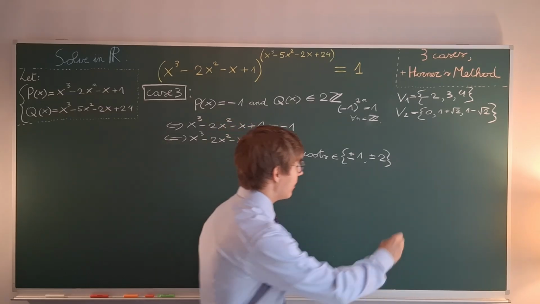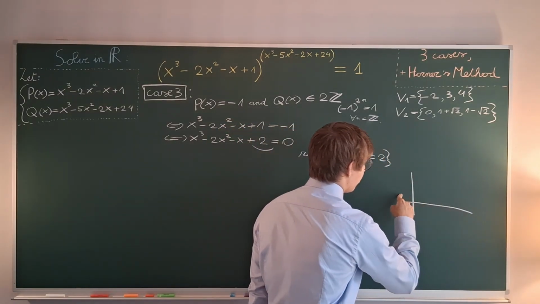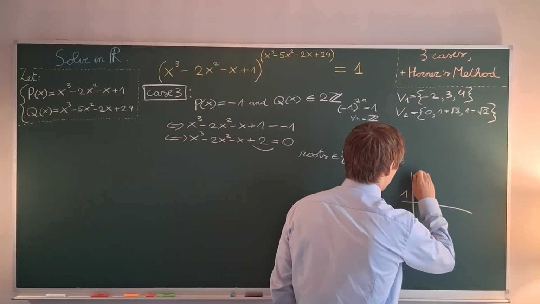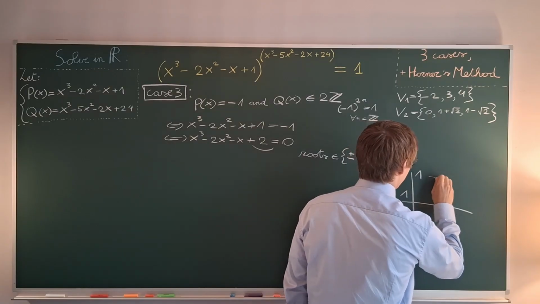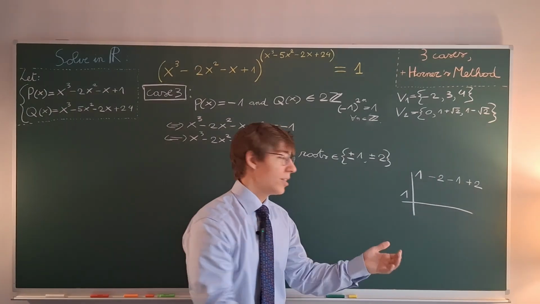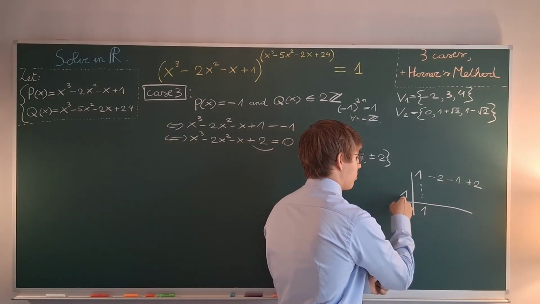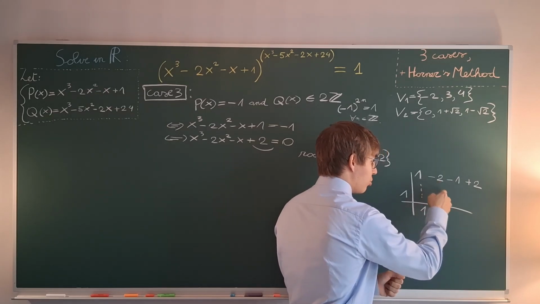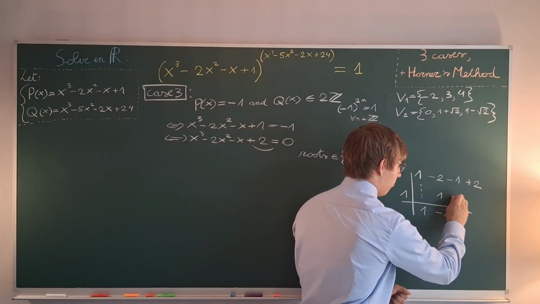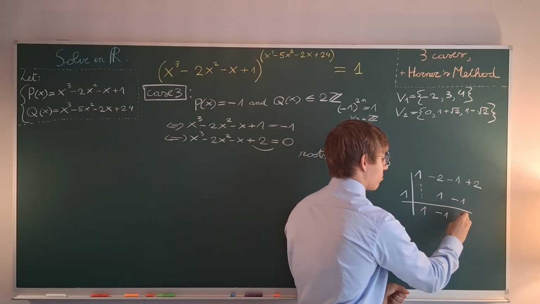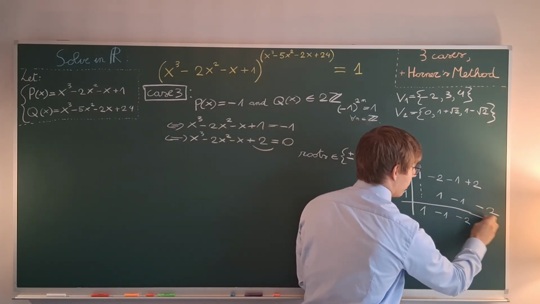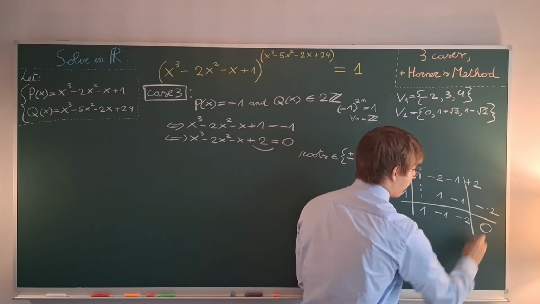So let's use Horner's method again. We write the root here, which is 1, and then we write all the coefficients above, which is 1x cubed, minus 2x squared, minus 1x, and plus 2. So we slide the 1 down, times 1 is equal to 1, minus 2 plus 1 is minus 1, minus 1 times 1 is minus 1, minus 1 plus minus 1 is minus 2, and if we multiply this we get minus 2, and the result is 0, which is what we want.